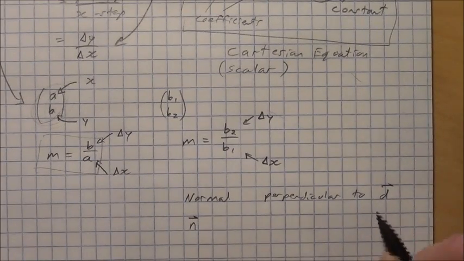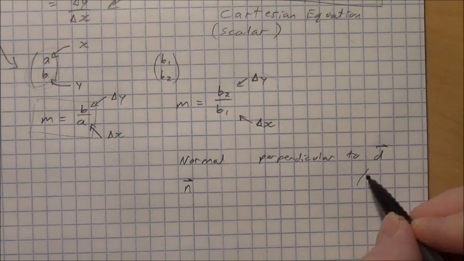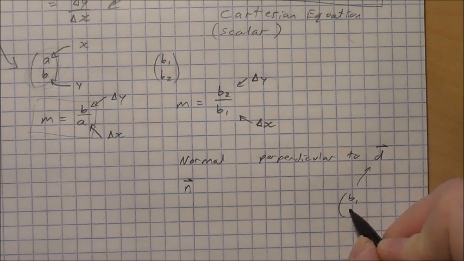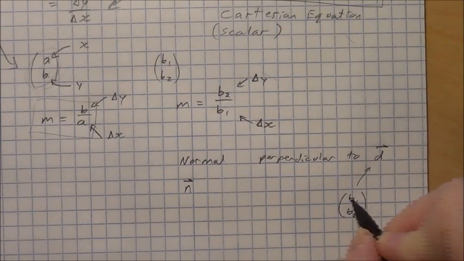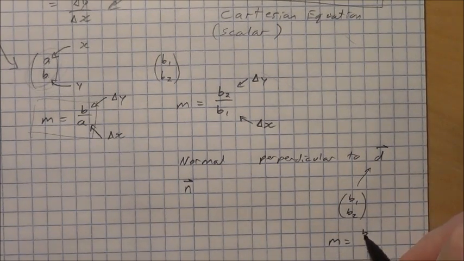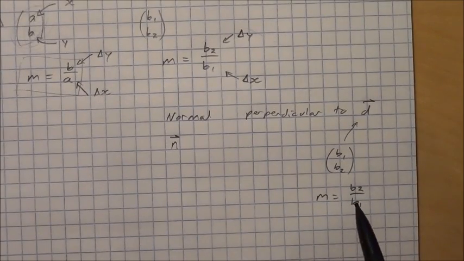So if we know that the direction vector has direction numbers b1 and b2, that means that the gradient is b2 over b1. Therefore, what would the normal be?